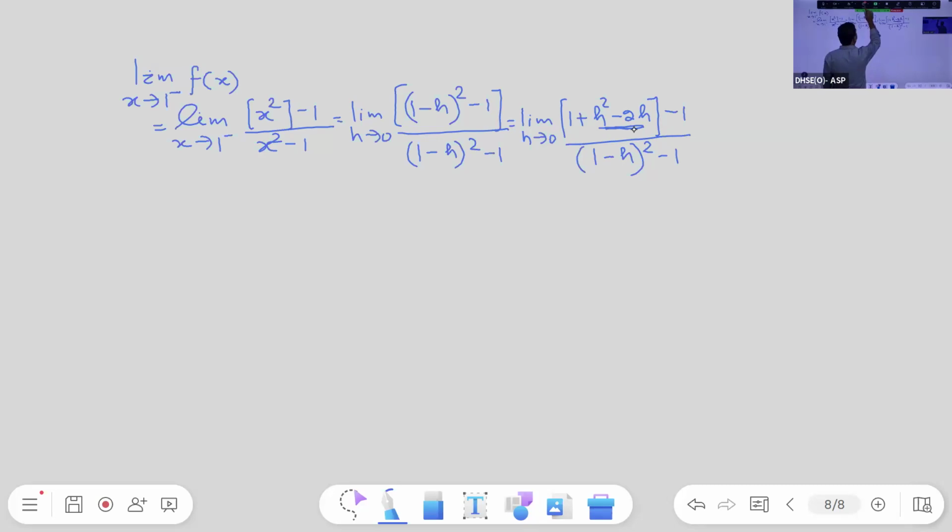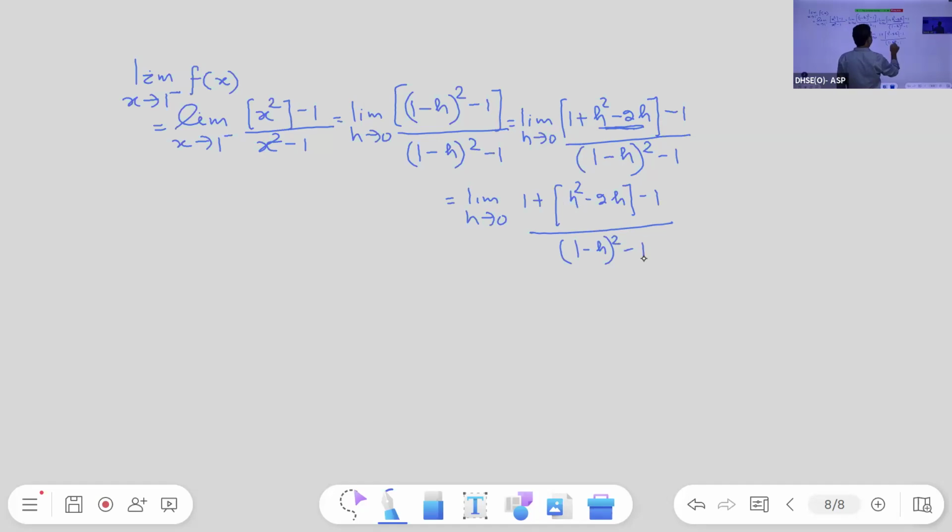The bracket value of x plus 1 is bracket x plus 1. This is equal to limit extending towards 0 of 1 plus bracket value of h square minus 2h minus 1 upon 1 minus h whole square minus 1. Here plus 1 minus 1 cancels.